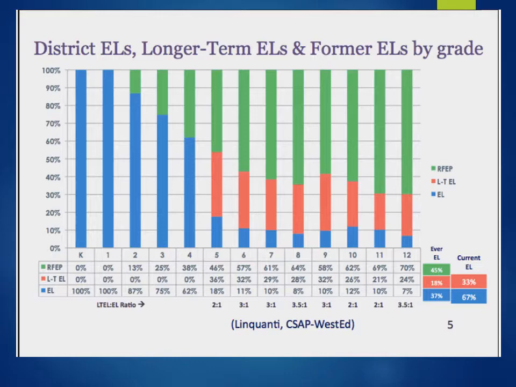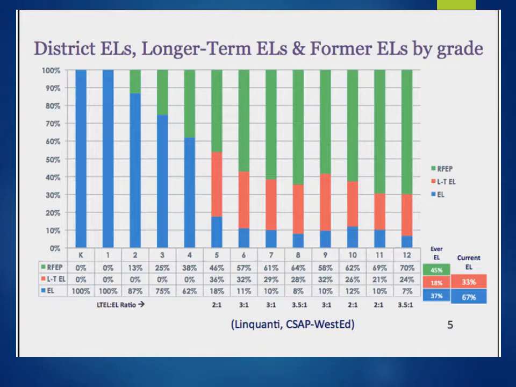By grade 5, you will begin to see some long-term ELLs. If they've been in kindergarten and they're still requiring services by grade 5, then these would be considered long-term ELLs. But as you can see, by grade 2, you have a lot of students who are now exiting, and that cohort increases with each grade.